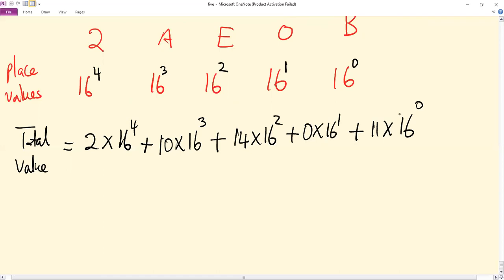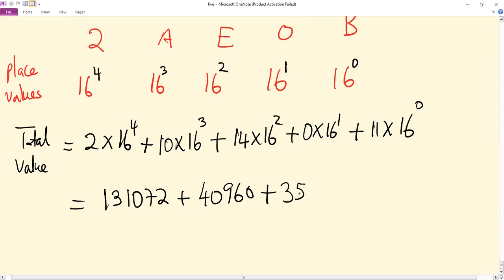That will be 2 times 16 raised to power 4. This will give us 131,072, plus 10 times 16 power 3, we get 40,960, plus 14 times 16 squared, you get 3584, plus 0 plus 11.